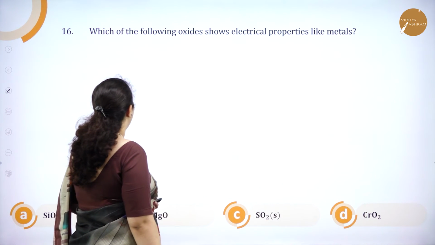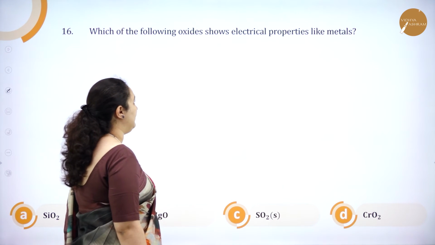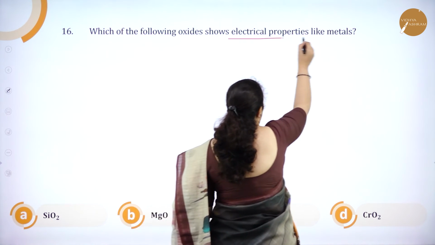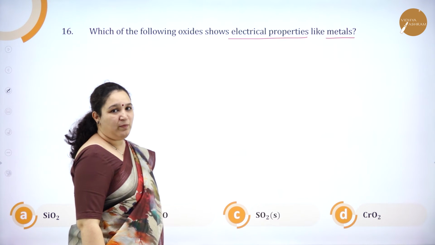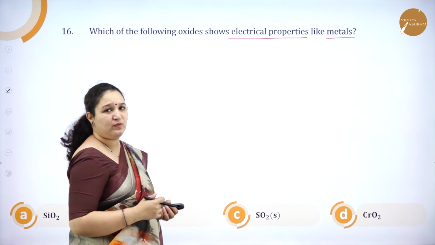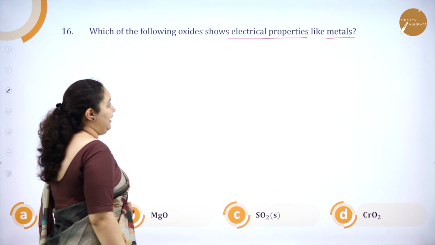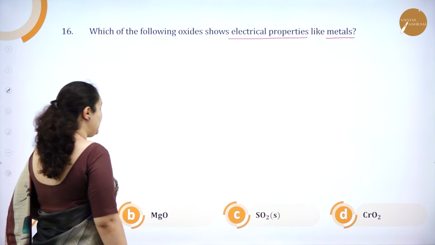Next one. Which of the following oxides show electrical properties like metal? Why do metals show electrical property? Because they have electrons which are free to flow. That is the reason metals show electrical property. Now we will see the options.